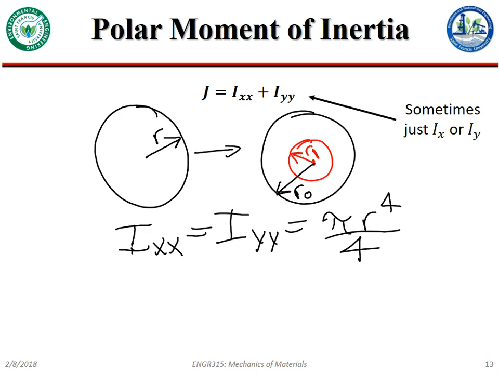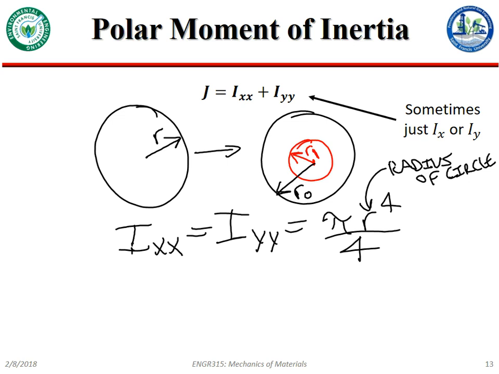Where r is just whatever the radius of the circle is. Don't get tied down with me saying that it is only r. It's not r naught or r1 or whatever. Okay, so if I wanted to find the polar moment of inertia from this, I just add these two.